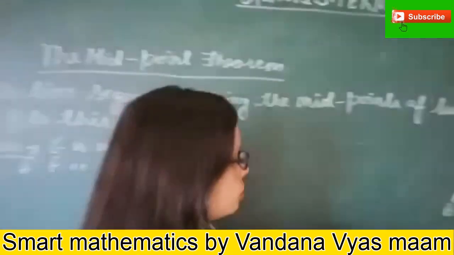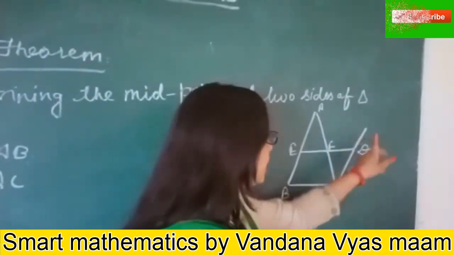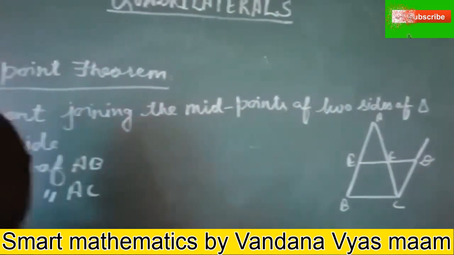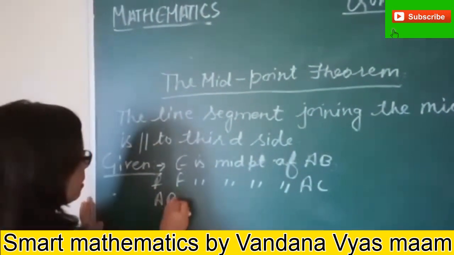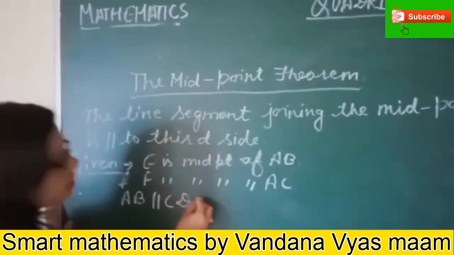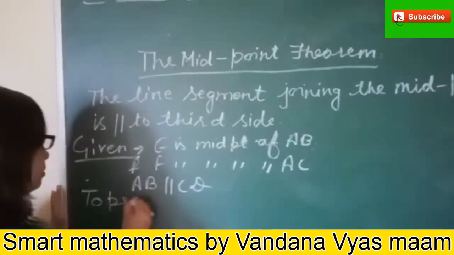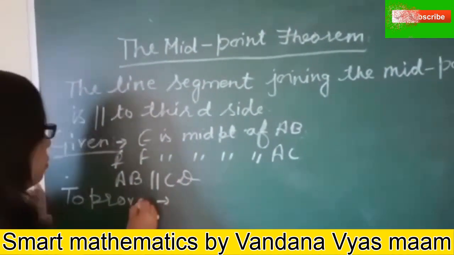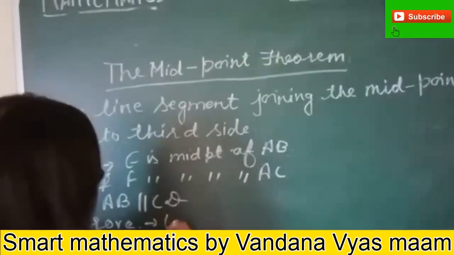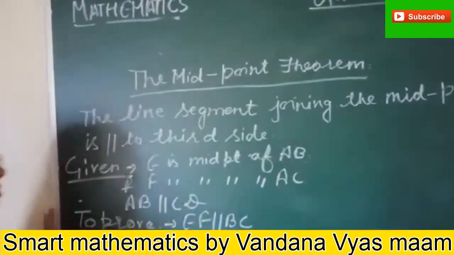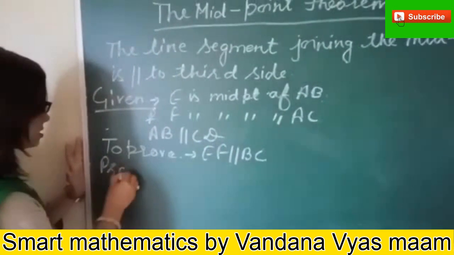And we have drawn line CD like this. AB is parallel to CD. Means AB is parallel to CD. Clear? And we have to prove that EF is parallel to BC. So let's students prove this theorem.